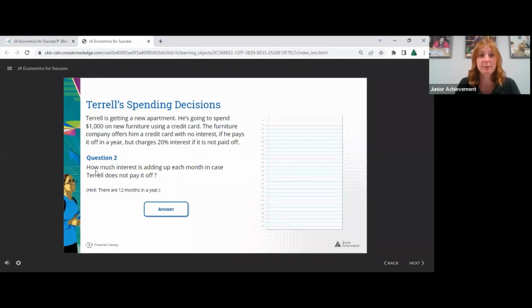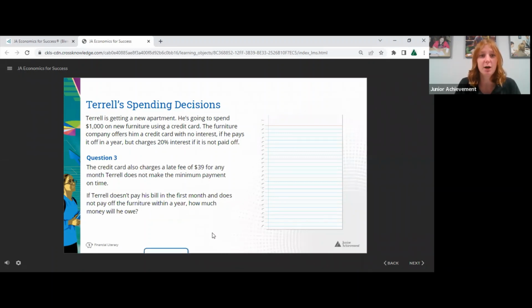The second one talks about how much interest is added up each month if he doesn't pay it off. Again, so we had the $200 interest. If he doesn't pay it off in 12 months, we would divide it by 12, so it's $16.70 a month. Then we talk about how there are also credit card fees if he's late to pay. So we got the furniture, we've got a late fee, we've got the interest fee.